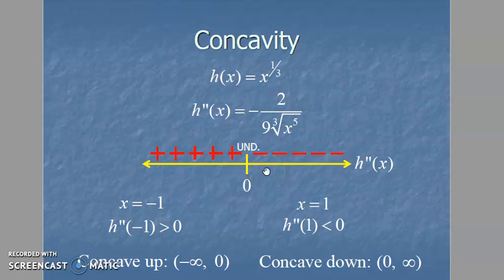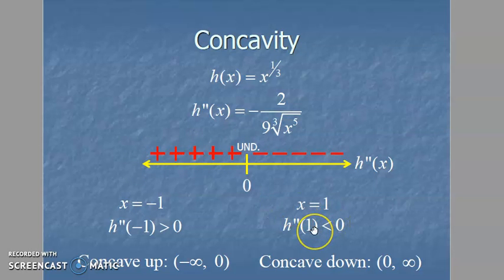So at 0, you know that h double dash of 0 is not defined. 2 by 0 comes, that is not defined. So at 0 it is undefined. If you take any quantity greater than 0, this will be negative. Similarly, if you take any quantity less than 0, it will be positive.